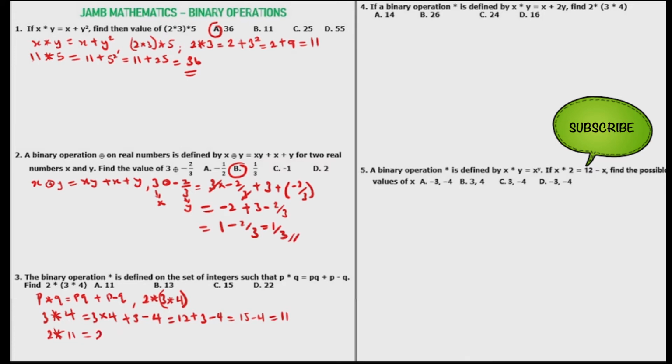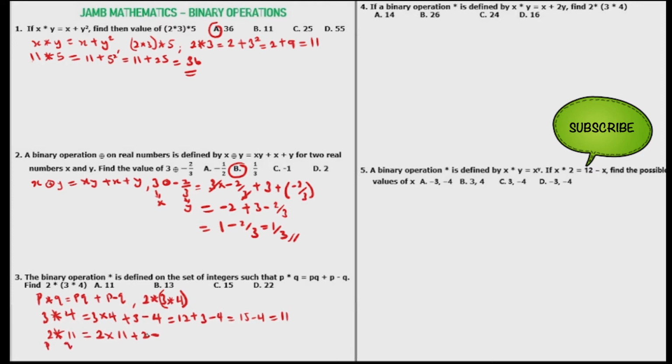So we have 2 multiplied by 11 plus 2 minus 11, taking this as P and this as Q. Don't forget this definition: this P is 2 and Q is 11.